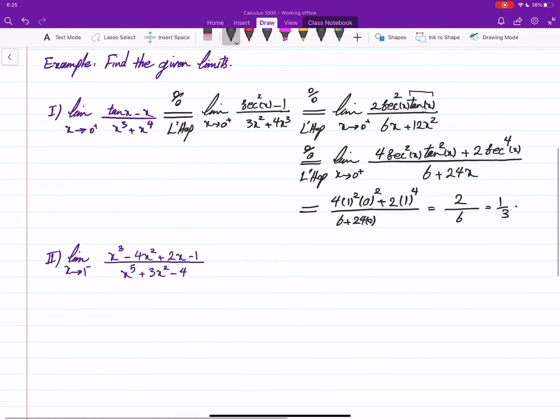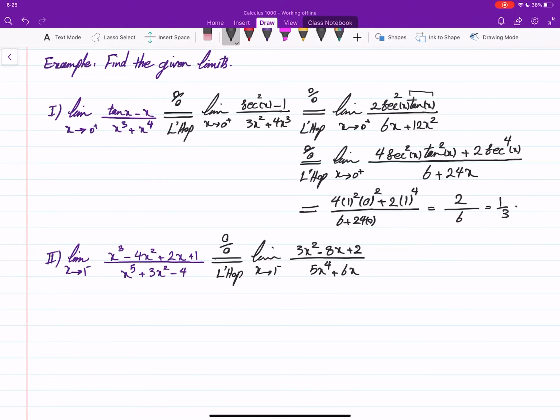Very nice. How about this one? Okay, so here I have a typo. This needs to be plus. When you first try to see the limit, you notice that the limit of the numerator and denominator as x goes to 1, from the left you get 0 and from the right you get 0. So we can use L'Hopital's rule because the functions are differentiable, and what you will get is 3x squared minus 8x plus 2 in the numerator, 5x to the power 4 plus 6x in the denominator.